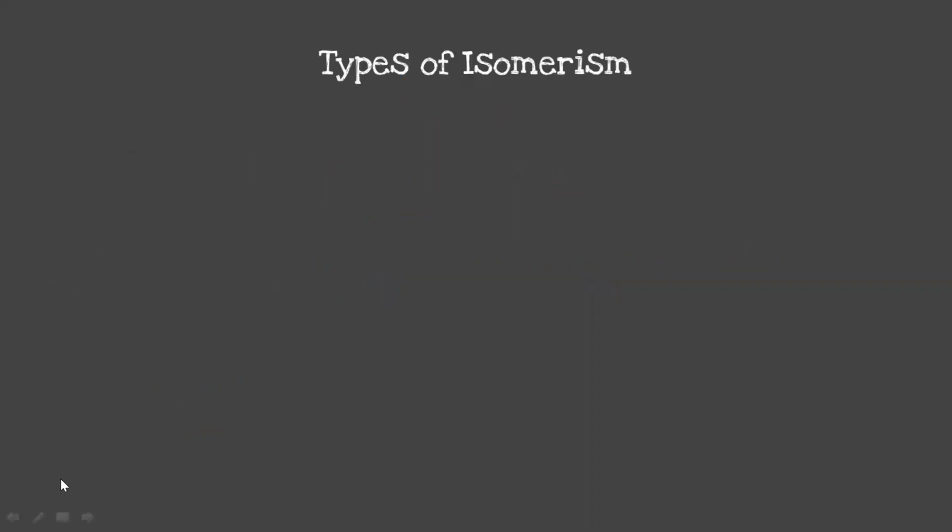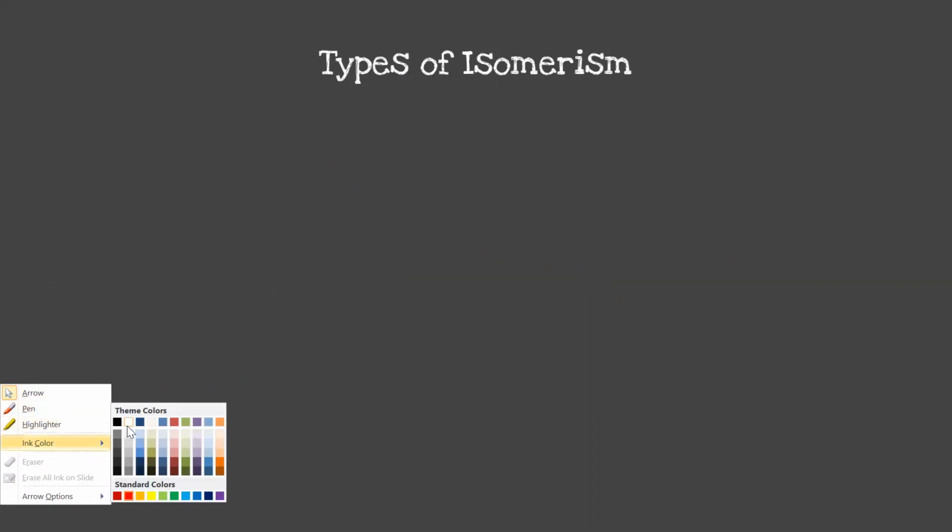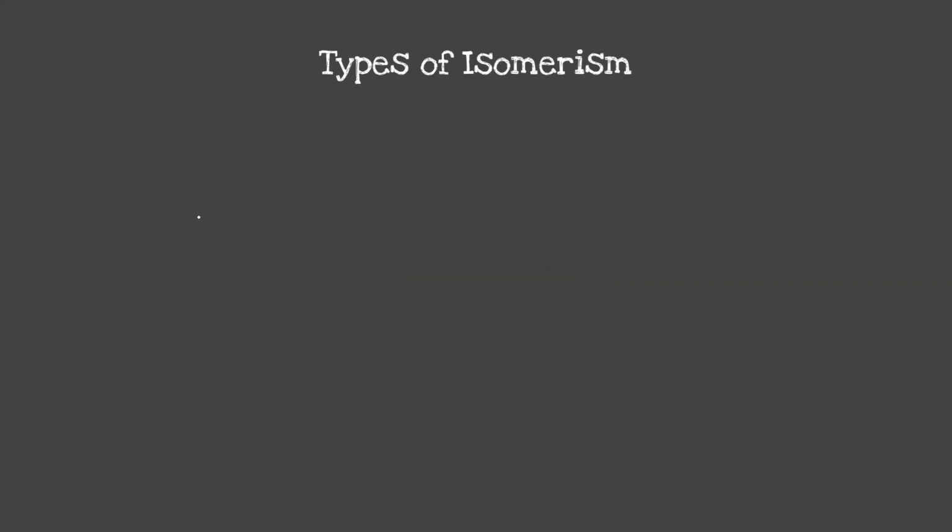Now let's see types of isomerism. So what are different types of isomers? The basic classification of isomers is into two types: number one, structural isomerism, and number two, stereoisomerism.